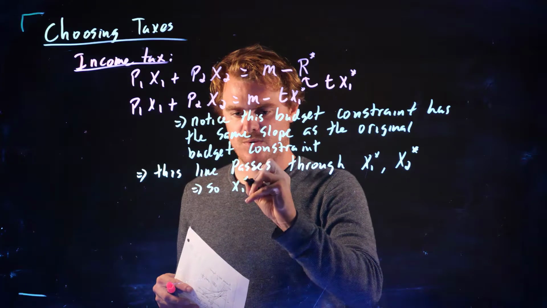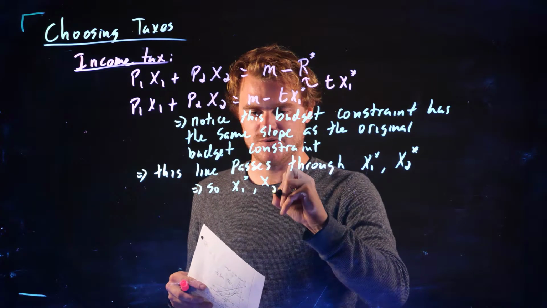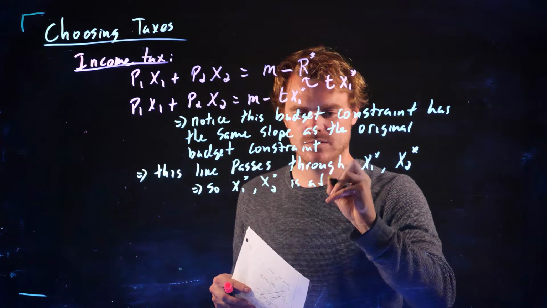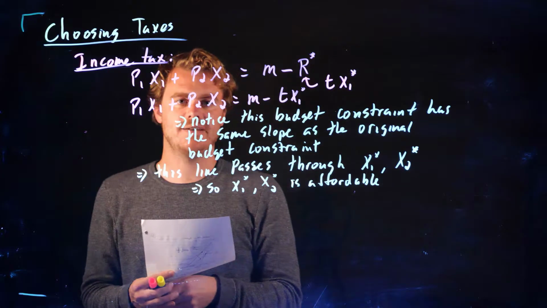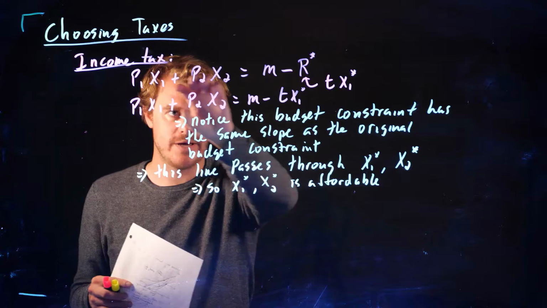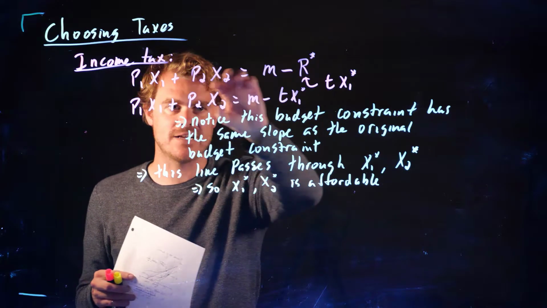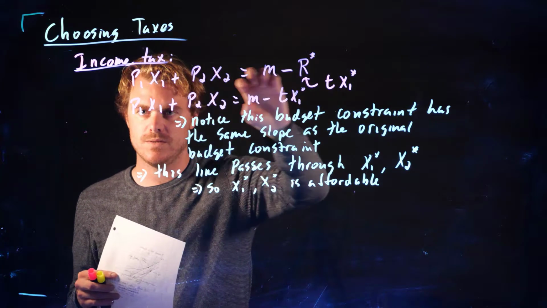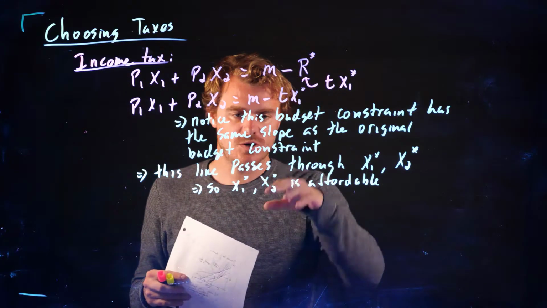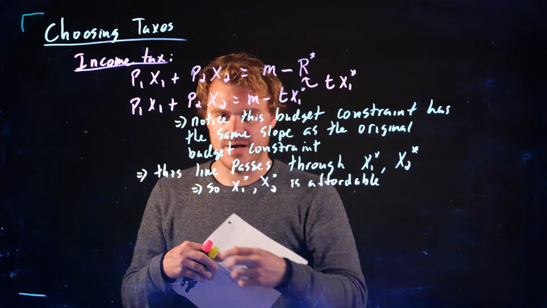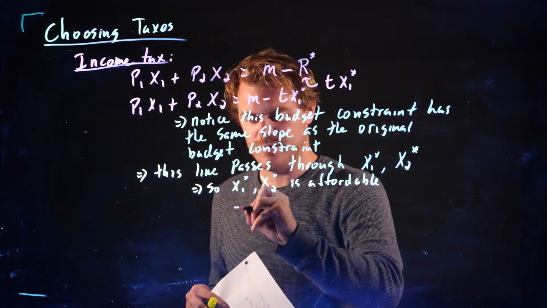So X1 star, X2 star is affordable. We could afford to have that, because we could rearrange this to get exactly what we got before with a quantity tax. So this is definitely an affordable bundle, but is it optimal?